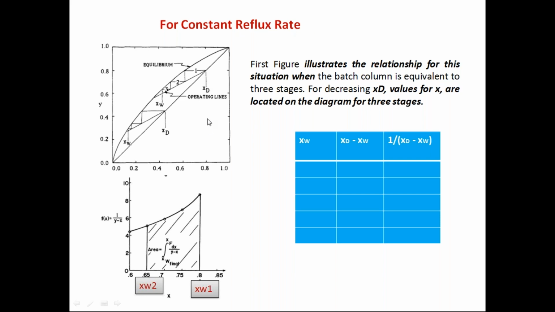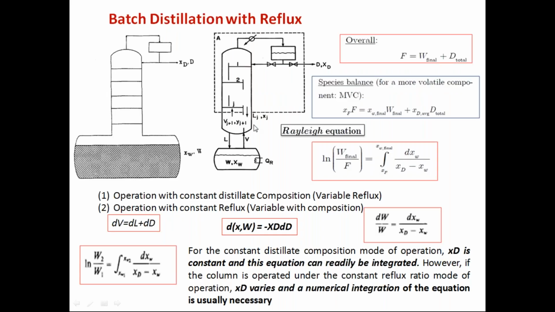See, you can just find out the XD, because in the distillate also XD may be a constant XD, but if you keep the reflux ratio variable, then XD is constant. But if you are varying the XD, then the reflux ratio will become constant.